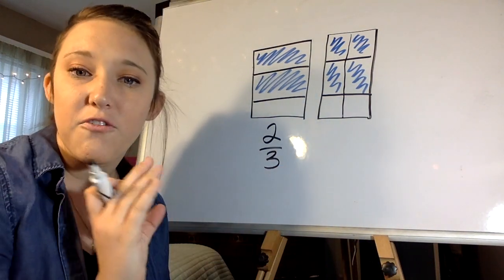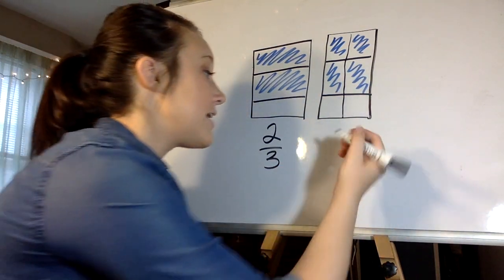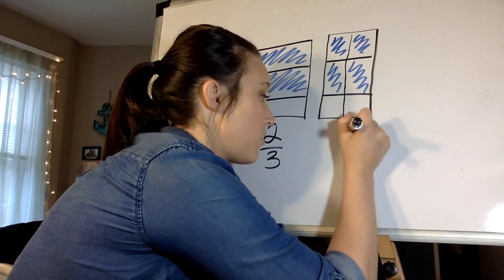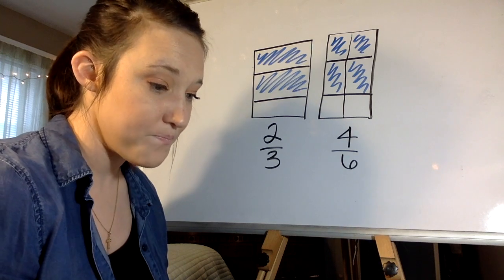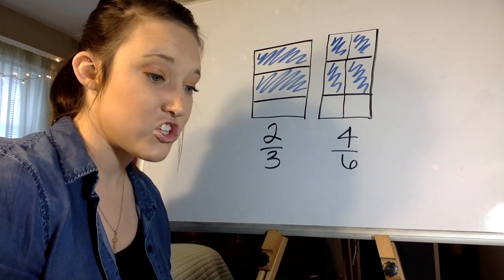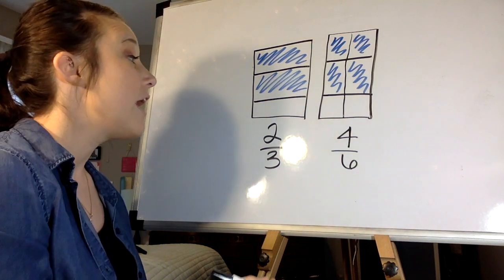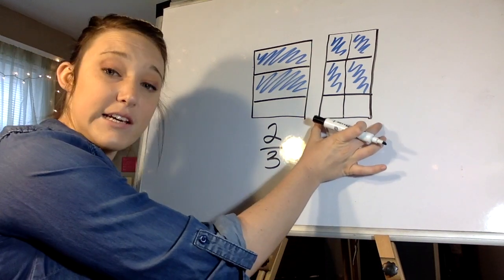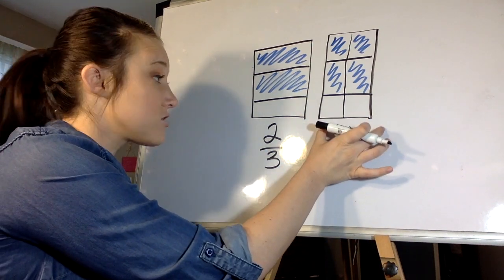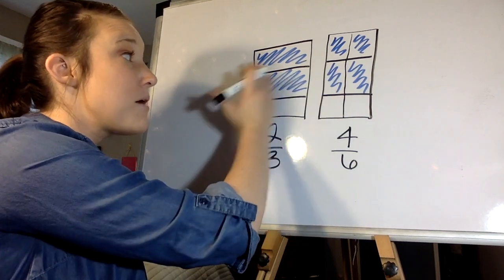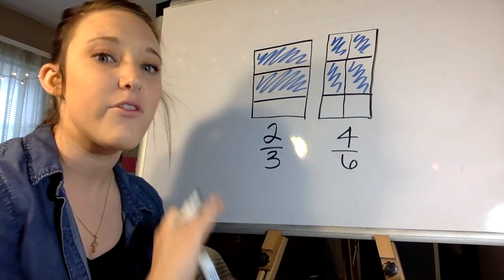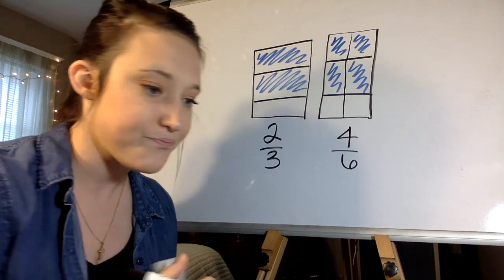So if I have 4 of my 6 shaded in, my fraction is 4/6, okay? The shaded parts show the same part of the whole. If I picked up my 4/6 fraction, or this rectangle, and placed it on top of this one, the same amount of the whole shape is shaded in.